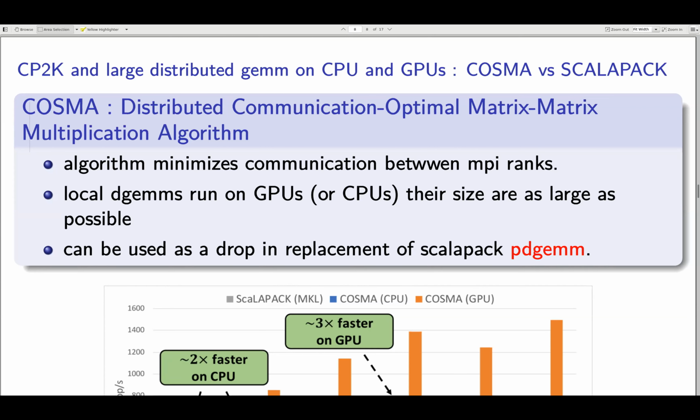The graph that you see at the bottom of the figure shows some of the results between different implementations of PDGEMM: ScaLAPACK from MKL, COSMA on CPU, and COSMA on GPU. Those have been run on Piz Daint, which is an Intel-based processor with P100 GPU.